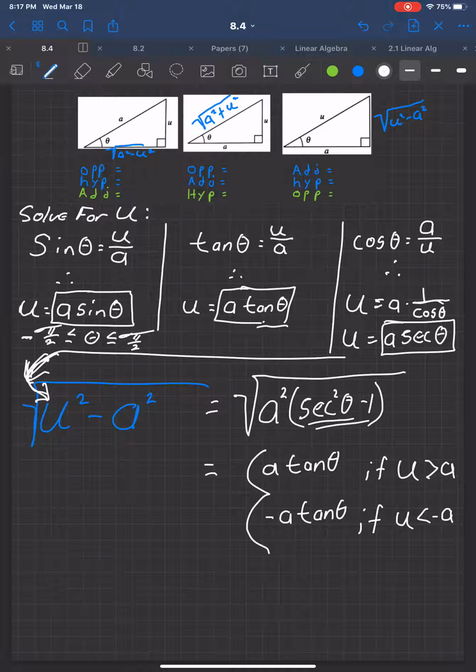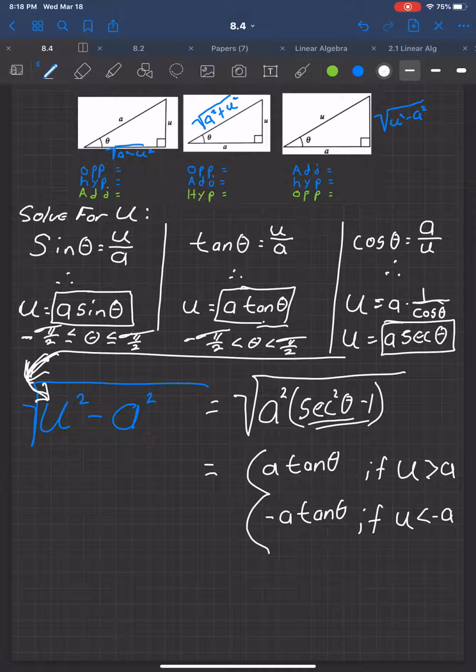Likewise, the same thing here, -pi over 2 to pi over 2. Okay?